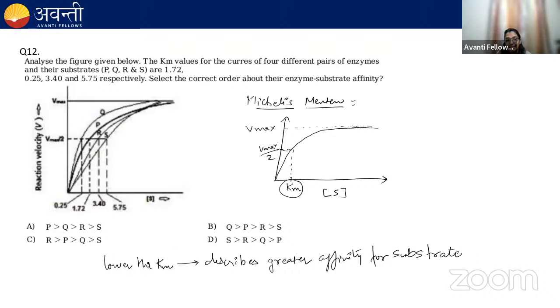Lower Km means that at a very low concentration of the substrate, the reaction reaches half of its maximum velocity. So if the value of Km is low, the enzyme has the greatest affinity for the substrate. Higher the value of Km, the enzyme has lower or reduced affinity for the substrate. Remember this point, okay? Important.